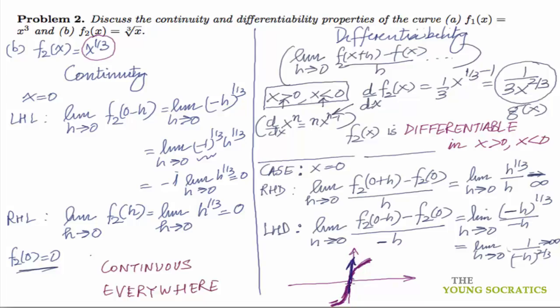So although the right-hand derivative and left-hand derivative are infinity here, we don't say that the function is not differentiable, but we say that the function is differentiable only the slope is infinity, which means the tangent makes an angle of 90 degrees.